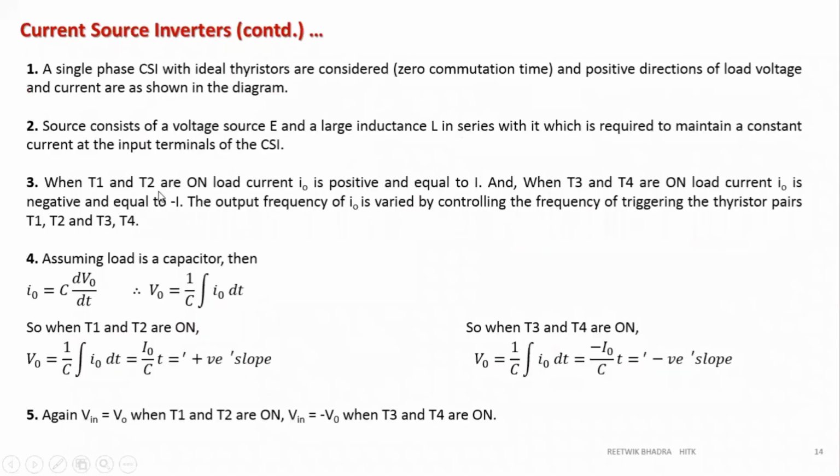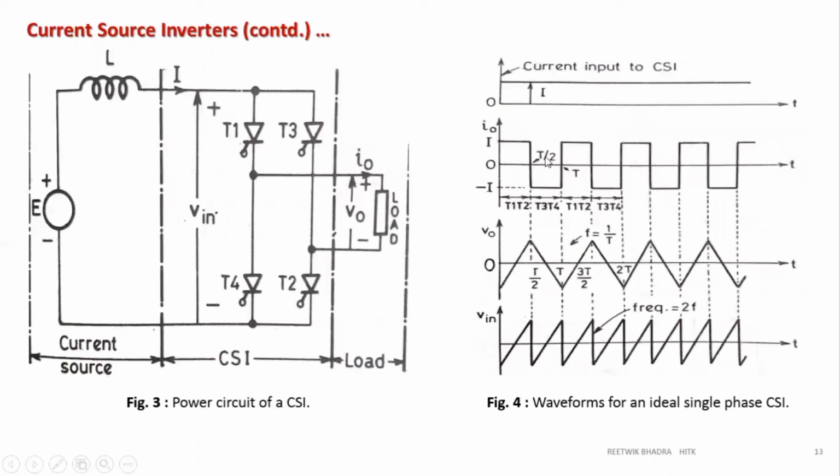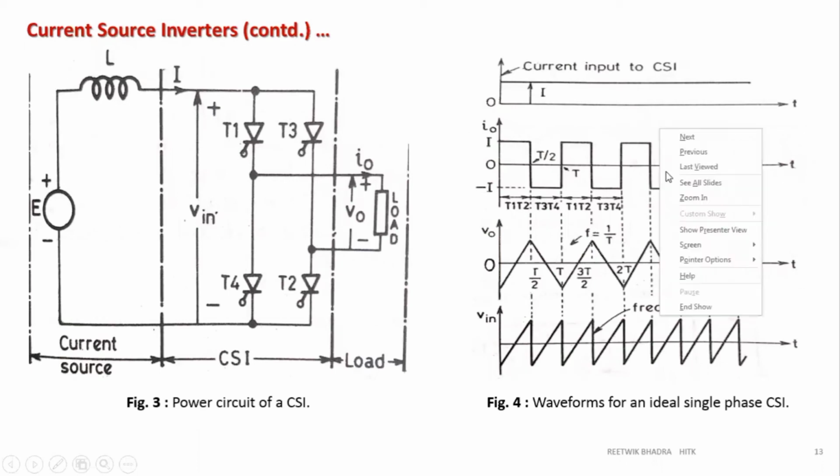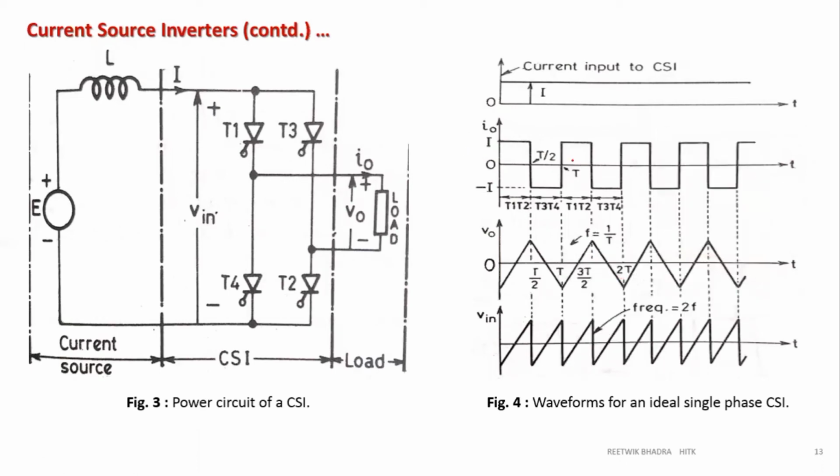So that is my third point. You see, if T1 and T2 are on, I0 is positive, equal to I. If T3 and T4 are on, I0 is negative, equal to minus I. And the frequency of operation, for which time it will be on and off, depends on how much time you turn on your T1, T2, T3, T4. For this figure, this much is my frequency.